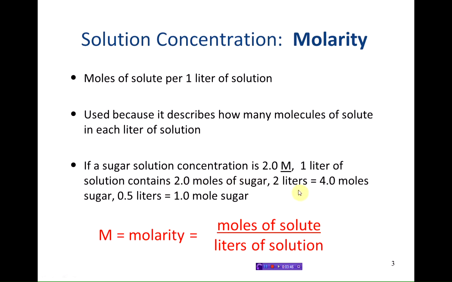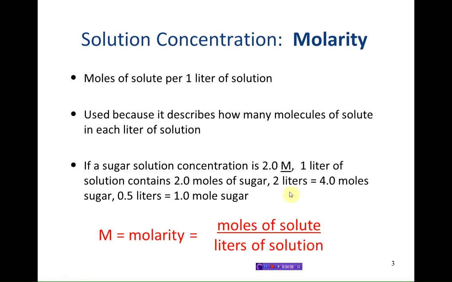Now let's say we have twice that volume, 2 liters. Well, that 2 liters is going to have 4 moles, but the ratio is always the same. 4 to 2, 2 to 1, if we reduce that ratio, it's still a 1 to 2 ratio. And to describe that mathematically, we can say that molarity is the moles of solute over liters of solution.